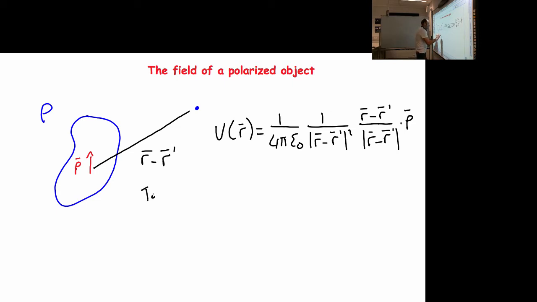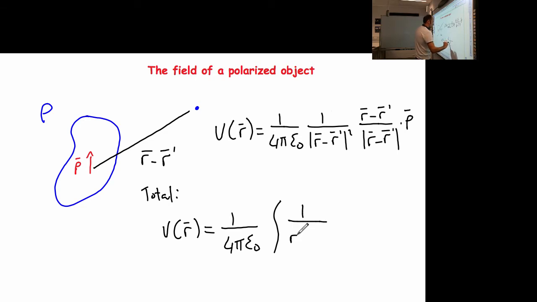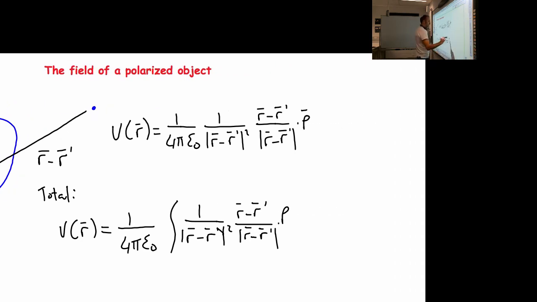So now what we have for the total V of r will be equal to 1 over 4 pi epsilon naught by our integral of 1 over r minus r prime squared, times the unit vector, dotted with P, the dipole moment, d tau, and this of course is d tau prime.